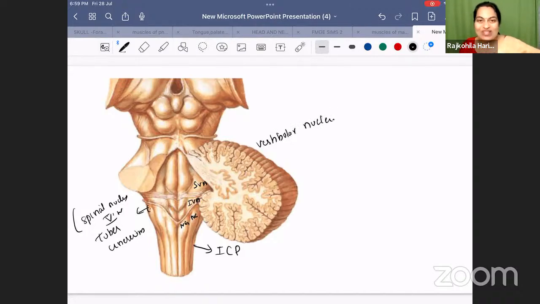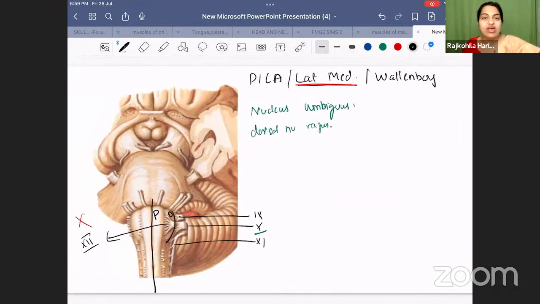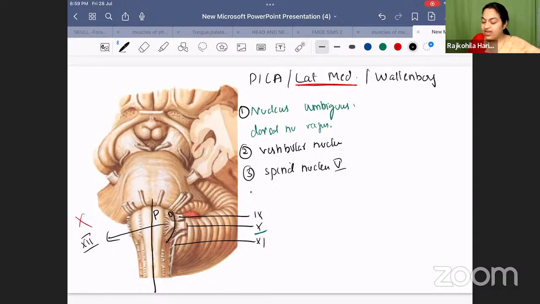I've not put you the cross section of the medulla. I'm just trying to explain what are the components involved in lateral medullary syndrome, using an external feature picture. So it's the nucleus ambiguus. And then you see the vestibular nucleus. You see the spinal nucleus of the trigeminal nerve. And then, not seen here, just lateral to the spinal nucleus of the trigeminal nerve in the medulla, the lateral spinothalamic tract.